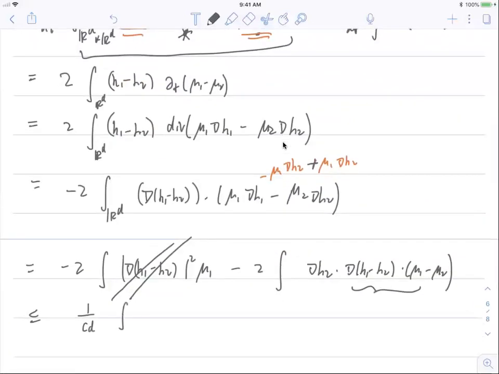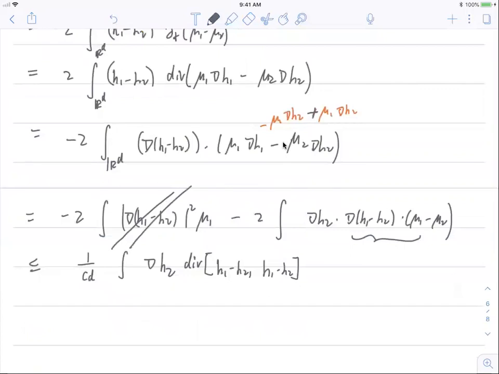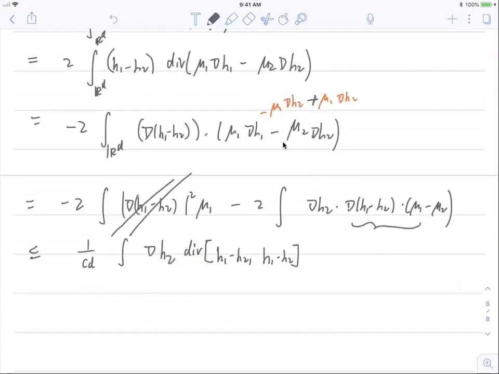So here is gradient H2, but there's a divergence of mu1, so it's just H1 minus H2, H1 minus H2, okay? So this is the divergence of the metric tensor as we used before.